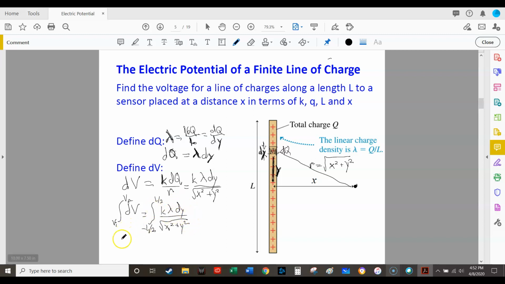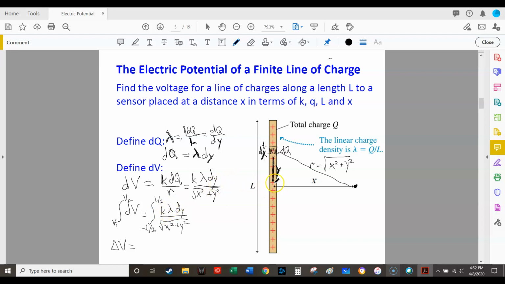What this is going to yield is a delta V, V final minus V initial, on this side. Let's think about this for a second to simplify the problem. k and lambda are constants.